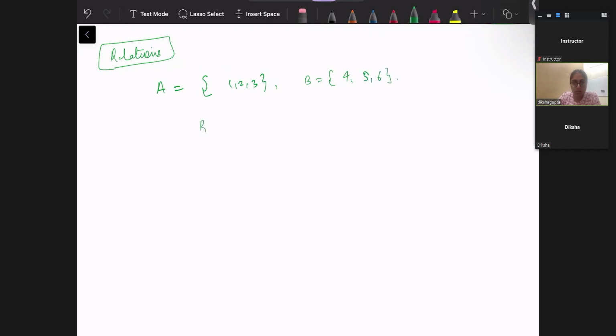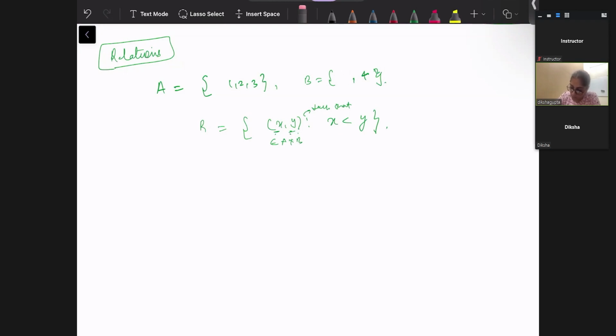The relation is all those x comma y such that x is less than y. That is, all those pairs from A cross B, a subset of A cross B, such that the first element is less than the second element.